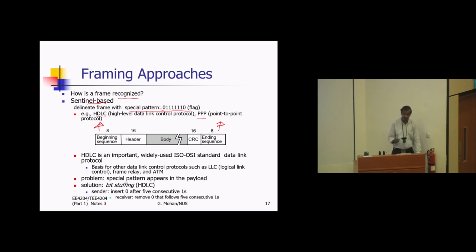So maybe I can give an analogy. Consider a language, C language or many languages. How do you represent a string? When you write a program and you want to print a string, you usually use double quotes, right? "How are you", "hello" or something.